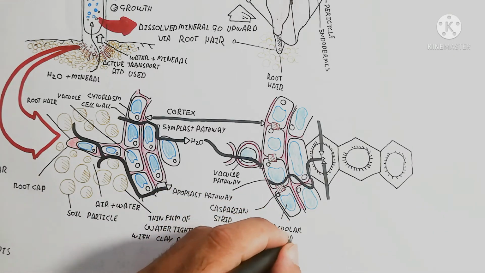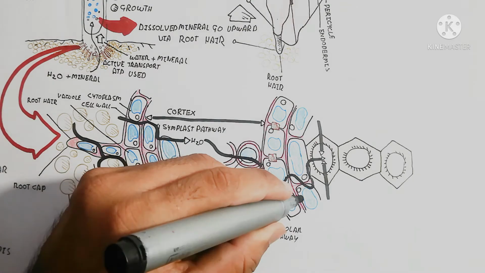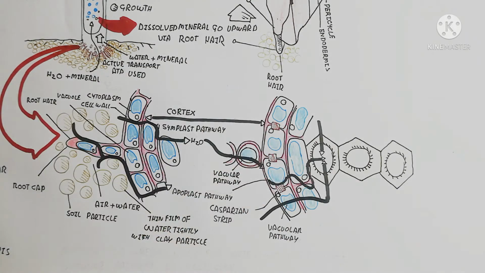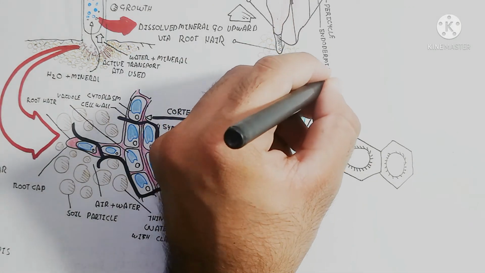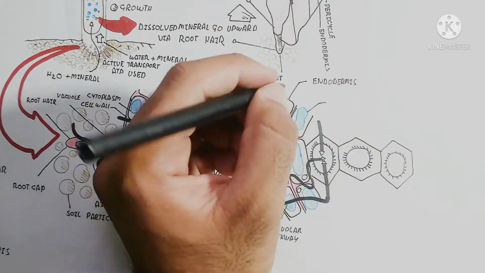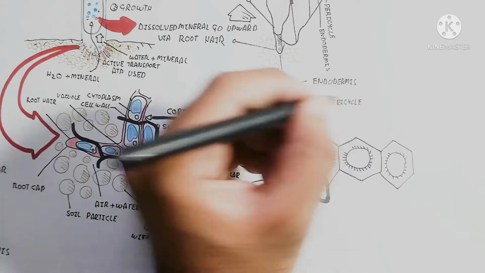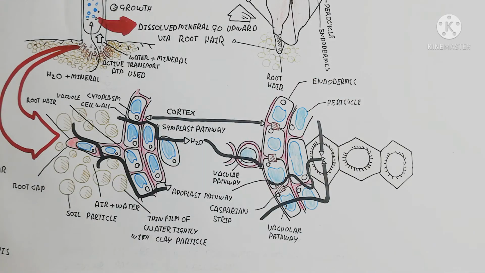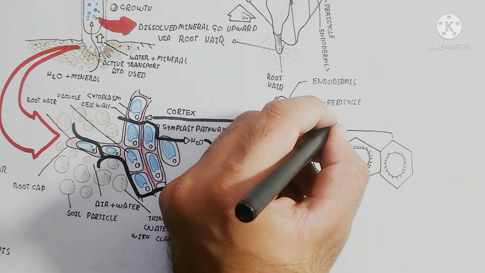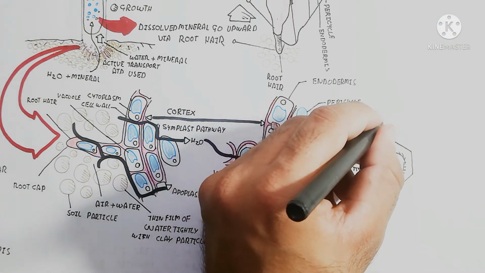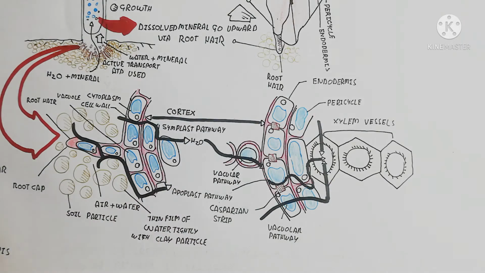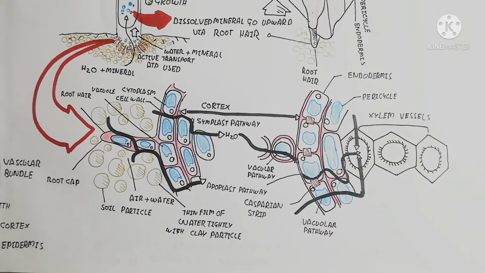So the water will change its direction from the apoplast pathway to the symplast pathway. The symplast pathway goes from cytoplasm to cytoplasm, while the vacuolar pathway is vacuole to vacuole, and the apoplast pathway is cell wall to cell wall movement. Ultimately that water will go into the xylem vessel.